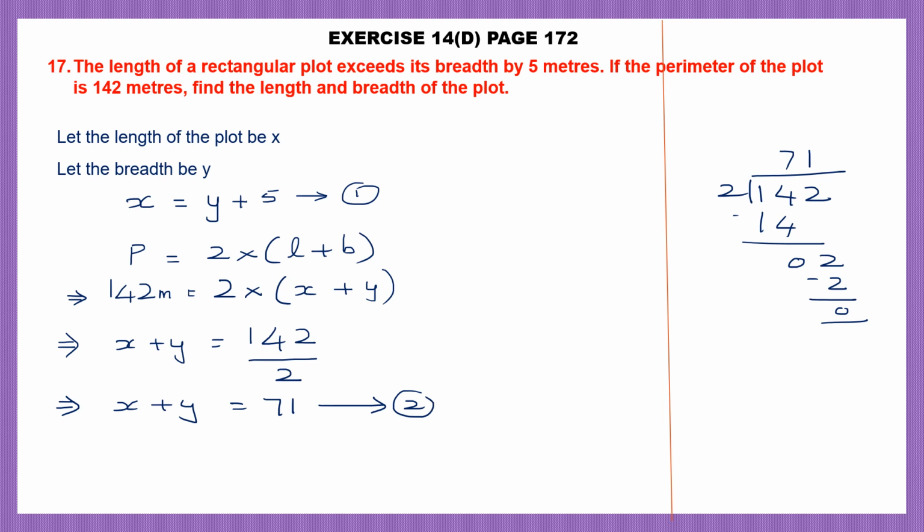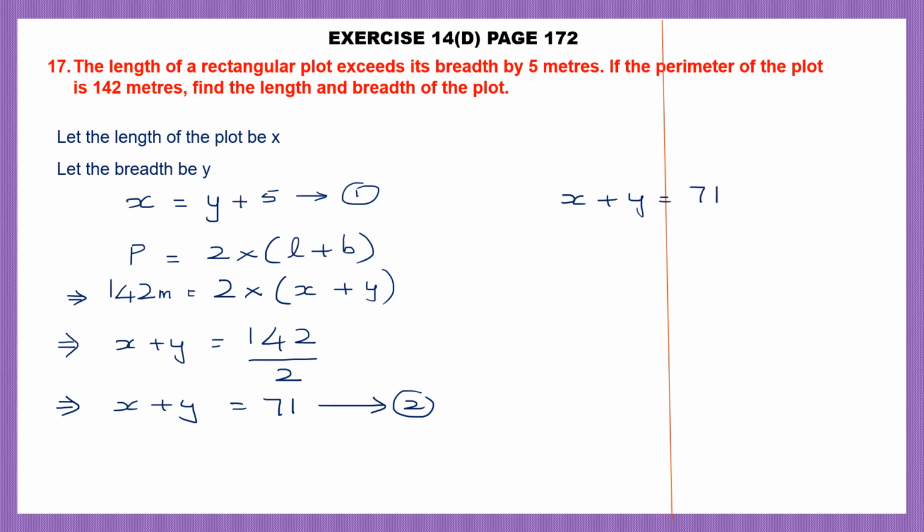So we have two equations now. This is our first equation and this is our second equation. What we're going to do is take the second equation and substitute the value of x in it. So I'm taking the second equation which says x plus y is equal to 71. Now I'm going to look at my first equation.